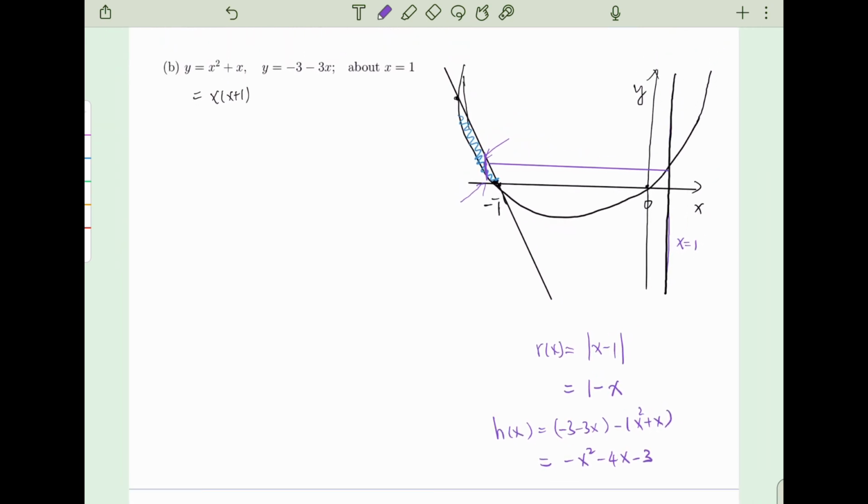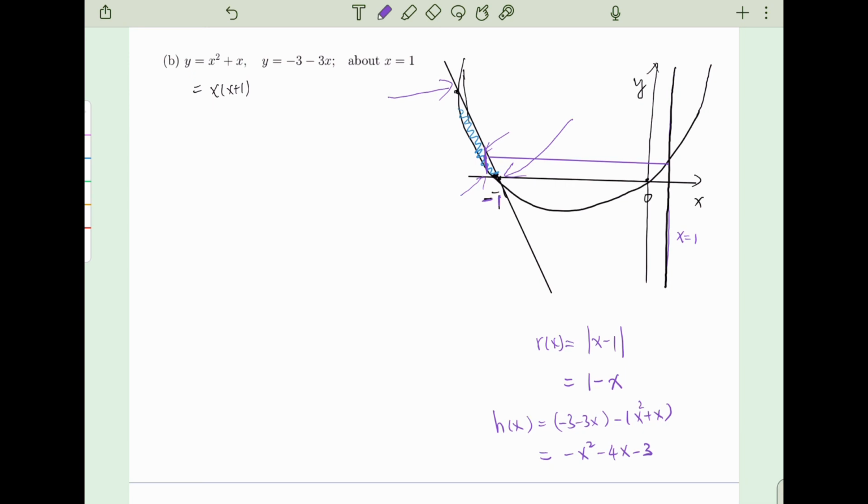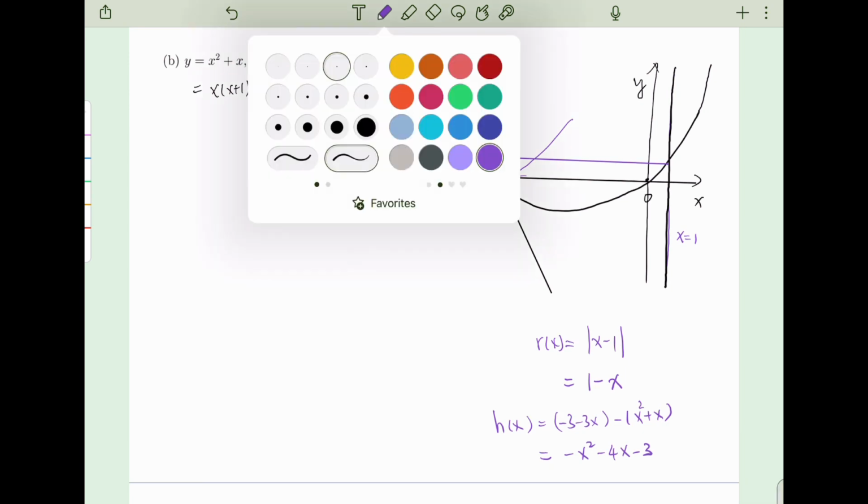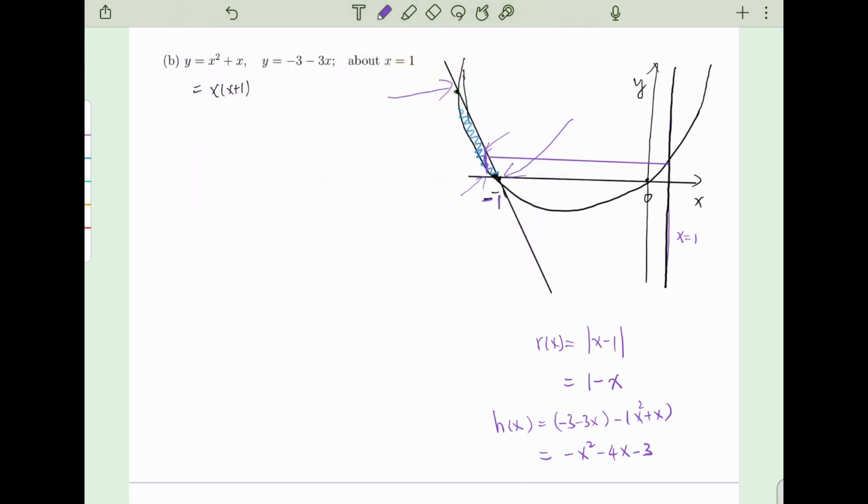Okay, and we need to figure out the bounds for the integral. That is from this point to this point. This point is -1. We've known that, and for the other point, we need to combine these two equations. That gives us that x squared plus x equal to negative 3 minus 3x. And we have x squared plus 4x plus 3 equals 0, (x plus 1)(x plus 3), right?